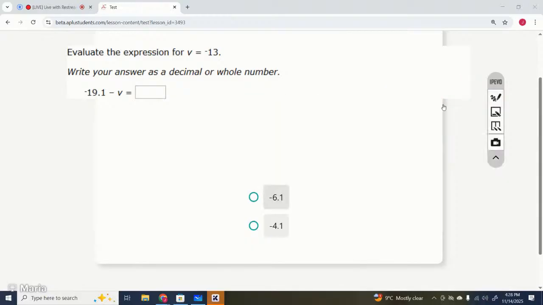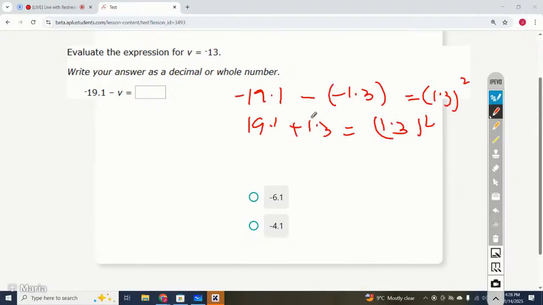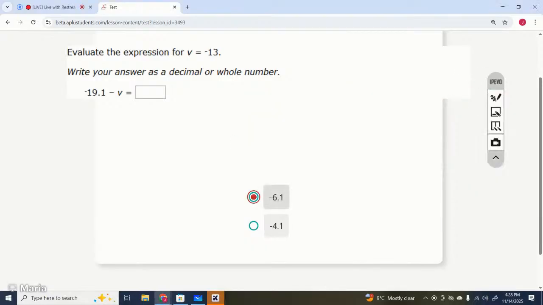That is option number, that is negative 6.1.